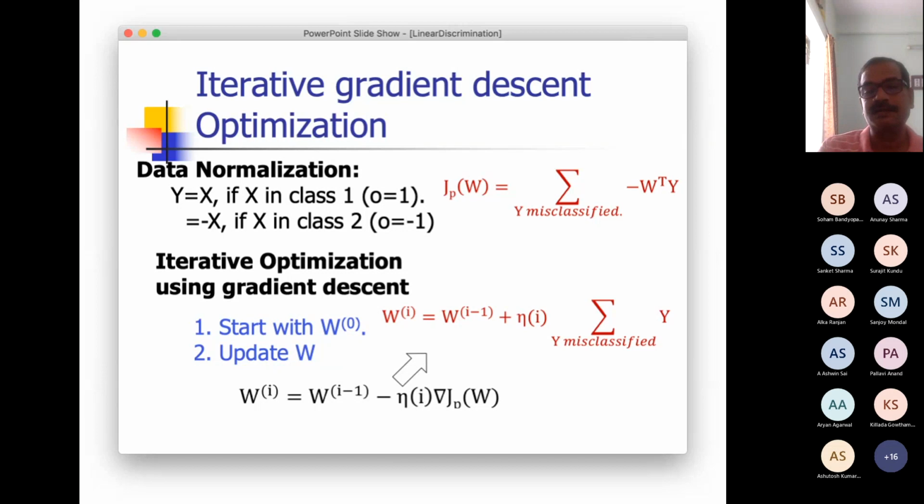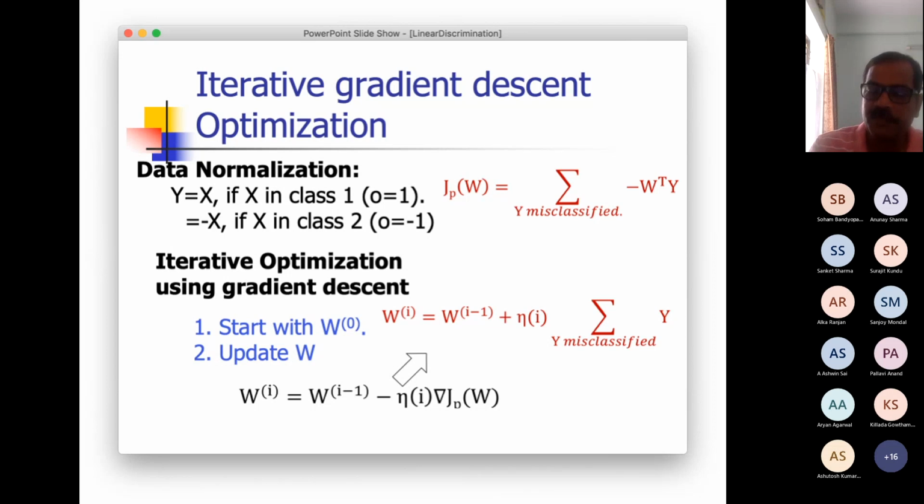Now, if I apply the gradient operations, as you can see, with respect to W, the gradient would be simply y, and since we are moving in the opposite direction, it is again negative of negative. Actually the gradient was minus y, and since you are moving in the opposite direction, it will be positive y.